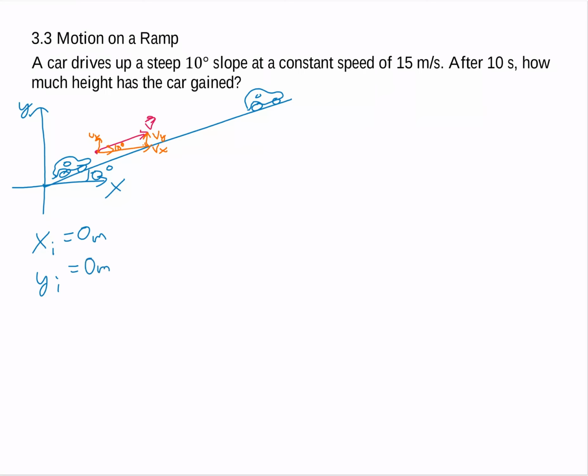What's my velocity? My velocity is not changing, so it's just V, 15 meters per second. What else? Time initial is 0 seconds. Time final is 10 seconds.